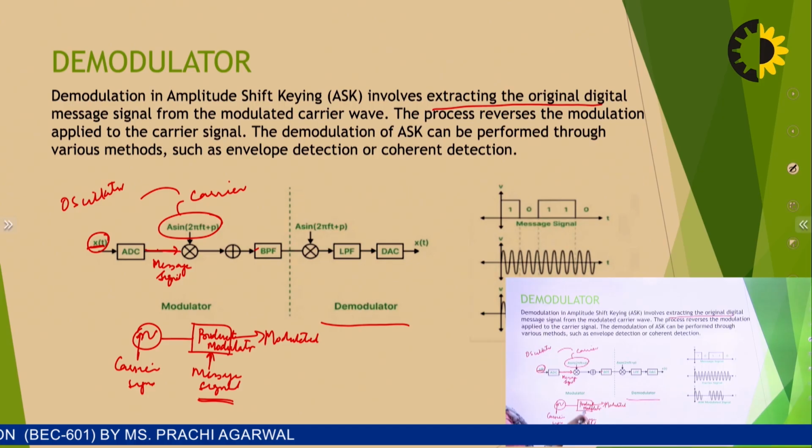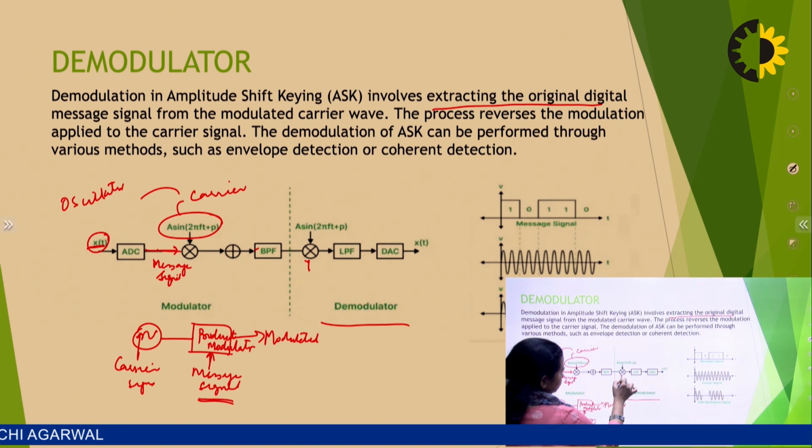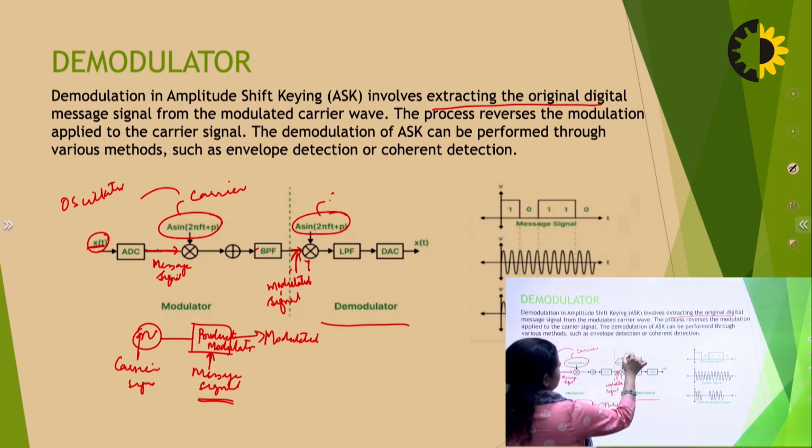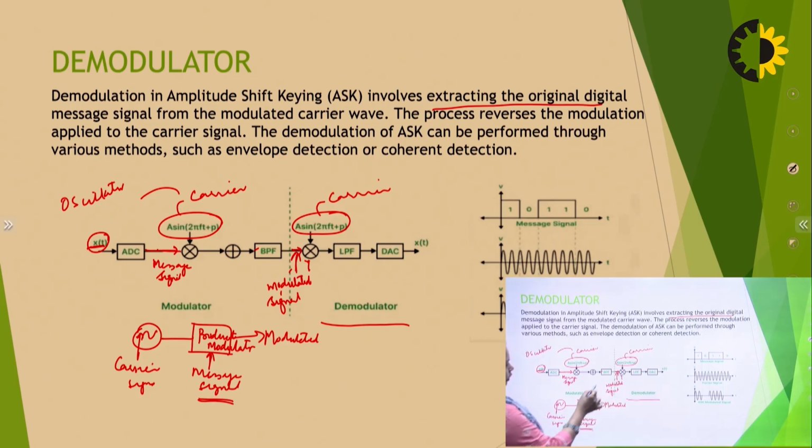Since we are using coherent detection here, the demodulator takes the modulated signal and the carrier signal. Both are fed to a product demodulator, and then we have an LPF, a low pass filter, because your message signal is a low frequency signal, so we need a low pass filter for that.